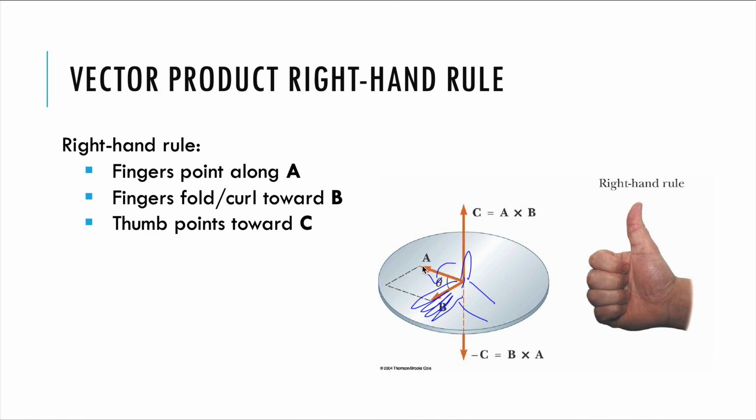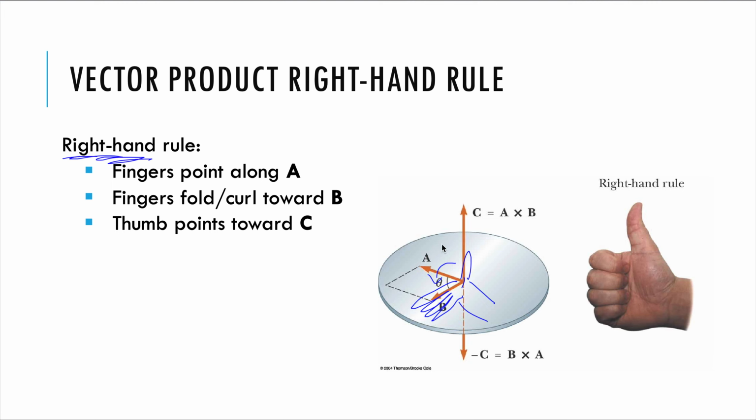If my thumb was going downward, I would have to fold my fingers away from me, and that is not the way B is pointing. B was pointing towards me, not away from me. Please note that in order to use this right-hand rule, you must use your right hand. If you use your left hand, it's not going to work.